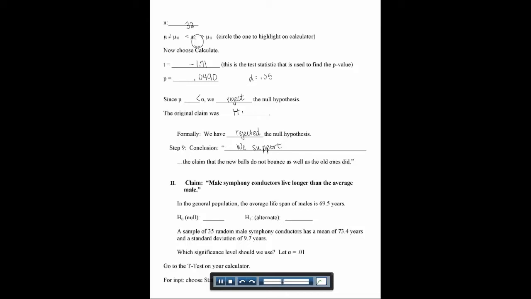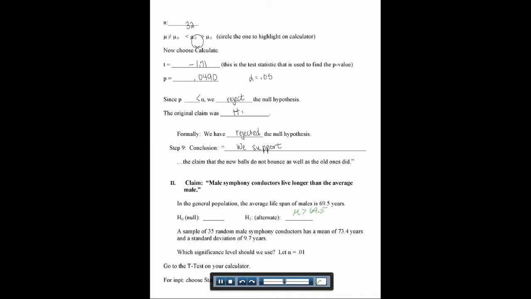Okay, now our next claim says that male symphony conductors live longer than the average male. And we're told that in the general population, the average lifespan of males is 69.5 years. So if we're talking about symphony conductors living longer, our claim would be that mu is greater than 69.5.